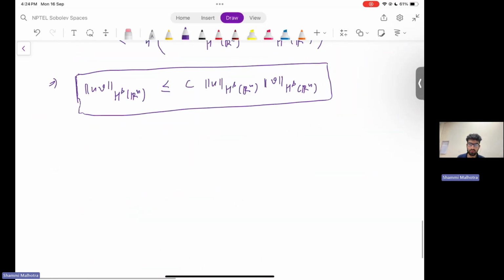So now, continuing our theory, next we are interested in the trace theory. What we saw in the trace theory is that if we have a function in a Sobolev space, let's say H^s(R^n), then the trace map is actually surjective onto H^(s-1/2).